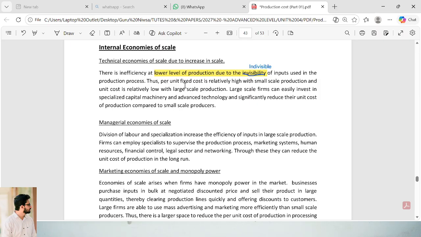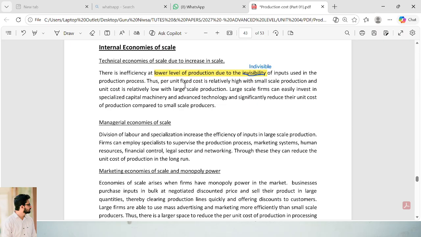I think there's no need to read this, the idea is simple. When the production process is too large, when production capacity is expanded, large scale producers can have technical economies of scale, especially due to the use of heavy machinery, and get the maximum benefits of indivisible factors of production and apply the division of labor concept.